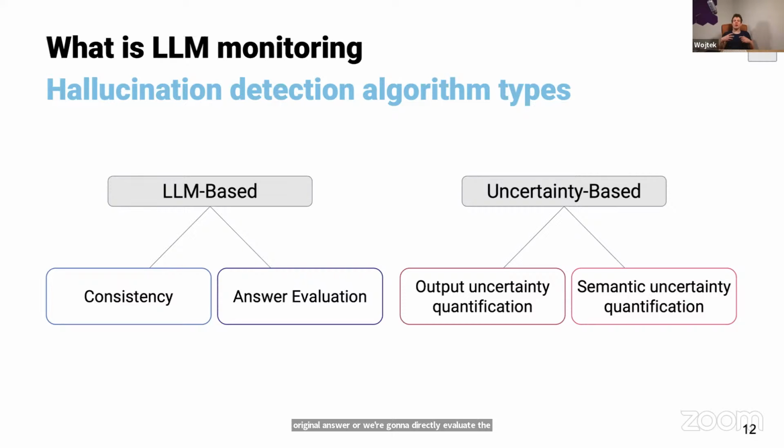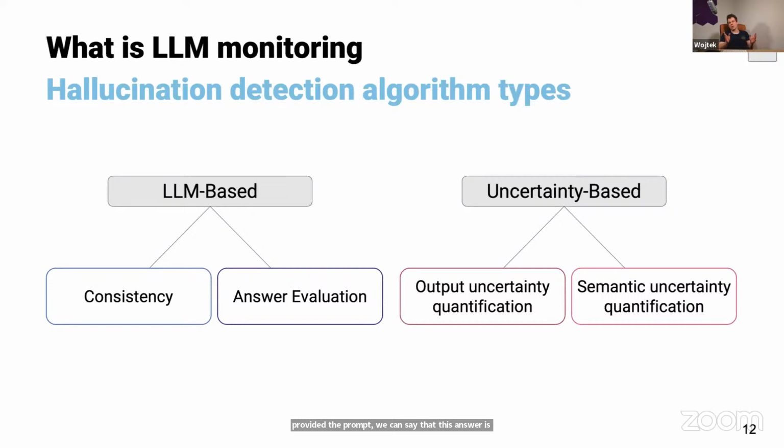Then the second one is we try to get some kind of notion of uncertainty from the LLM directly, and instead of calling another LLM, we use that notion of uncertainty to say something about the quality of the output. So if an LLM is very uncertain in the answer that it provided to the prompt, we can say that this answer is likely hallucinated, or that we cannot be sure that this answer is actually correct at least.